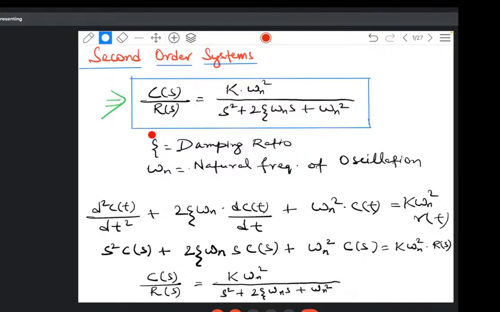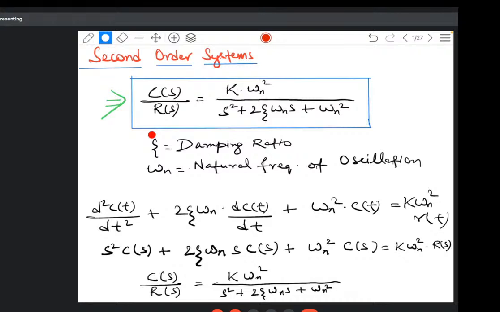Even in the second order RLC circuit, if you remember, we get a term omega n, which is equal to 1 by under root LC. You must have read this in circuit theory, right? So what is omega n? Omega n is the natural frequency of oscillation.